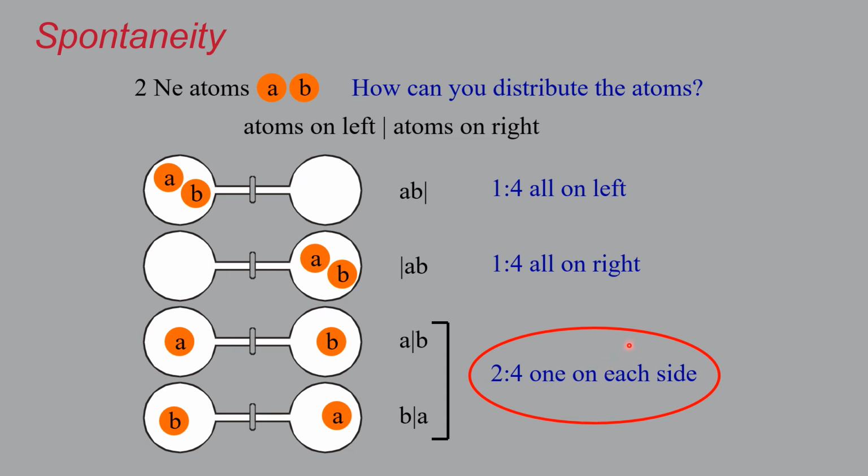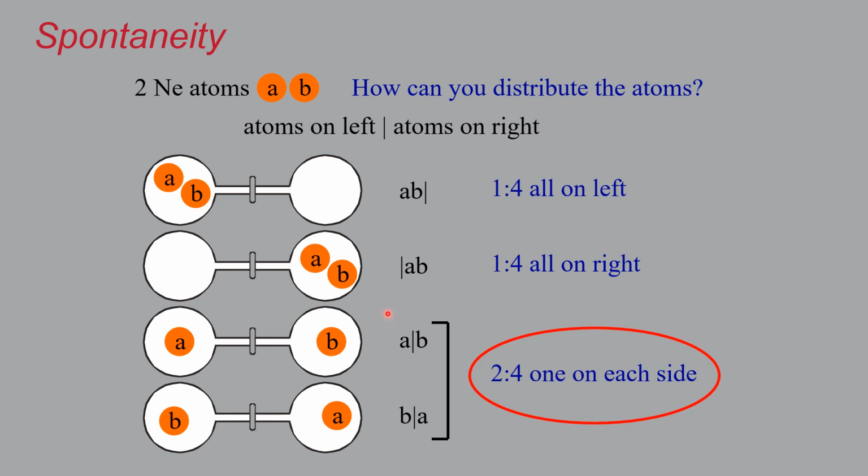Now, right now, this doesn't seem like much. You're only twice as likely to see them one on each side as you are seeing them all on the left or all on the right. And you would rightly think that if you looked at this long enough, or in this case, not very long at all, you would observe at some point them all being on one side or all being on the other, and not just evenly split.